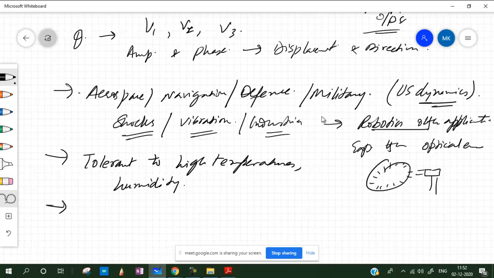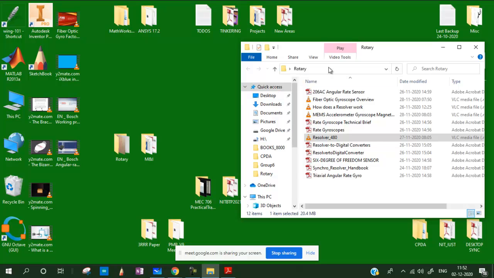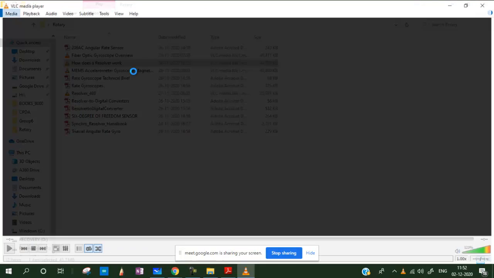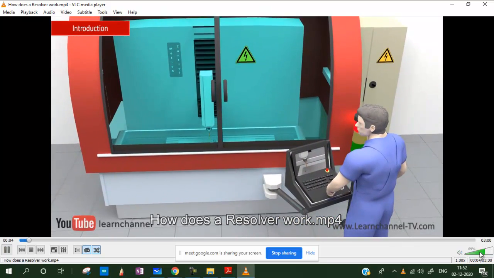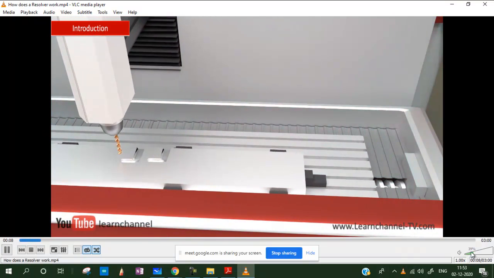It's also used in machine tools for axis measurement. I had a video, I will play it now. How do I click on this? So we have rotary ones. You may not be able to hear the audio, but you can watch it. So this is a CNC machine.